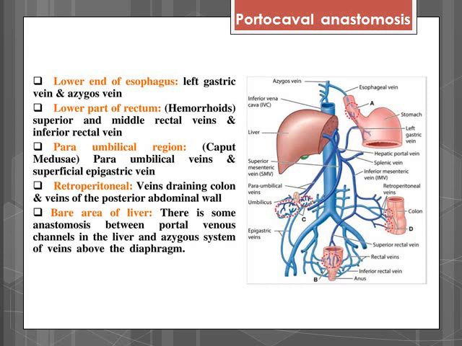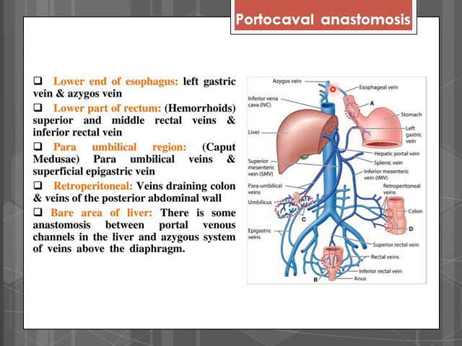We have three major sites of portocaval anastomosis. First, at the lower end of the esophagus. The esophageal veins can drain blood either to the azygous vein or to the gastric veins.